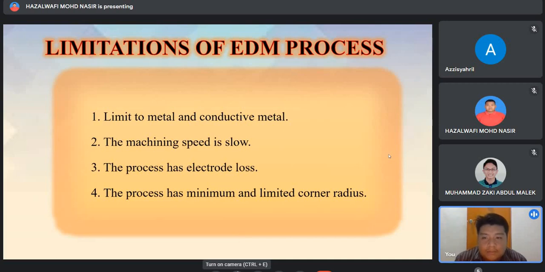The third is the process has electrode loss. There are many types of electrode used in EDM machine. And lastly, the process has a minimum and limited corner radius, so the shape and the geometry that can be cut from the EDM machine is limited.